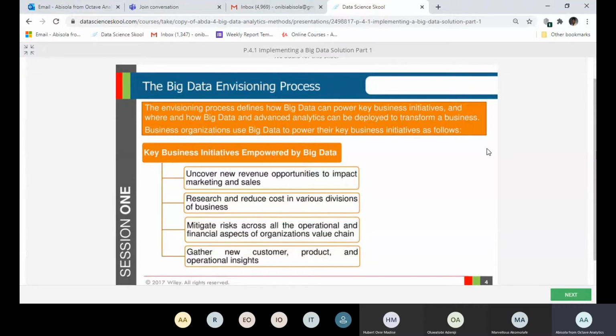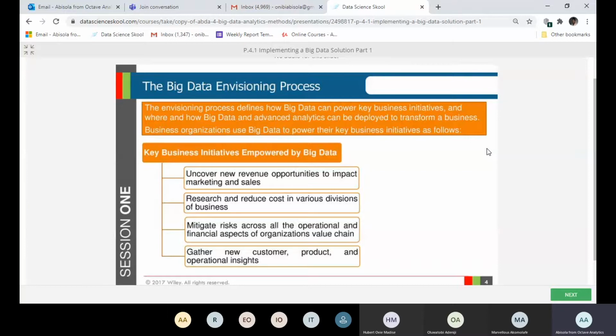So you have some key business initiatives, but you're trying to create something that can aid them. You want to drive value across the organization, and you want to implement big data solutions to be able to drive better value or increase revenue across your organization. That is what the big data envisioning process will help you check: how you can do this and how you can employ big data analytics or advanced analytics to transform that particular business.